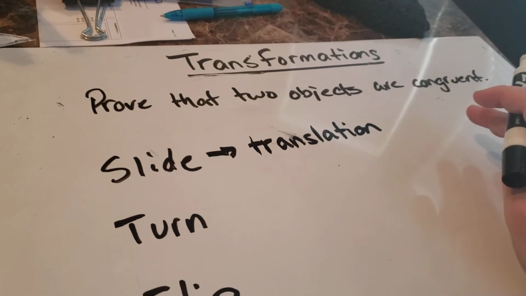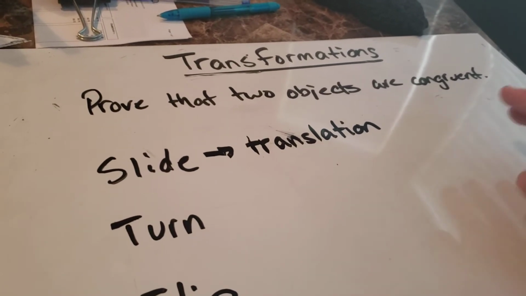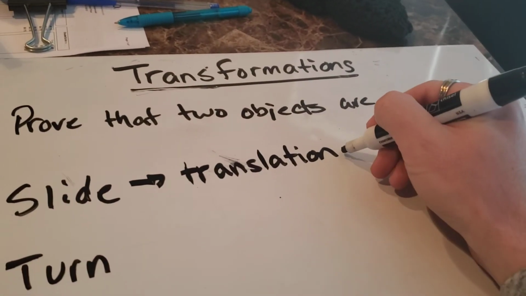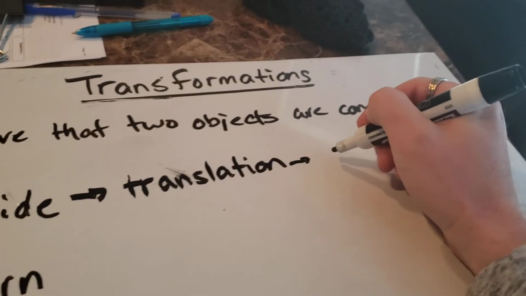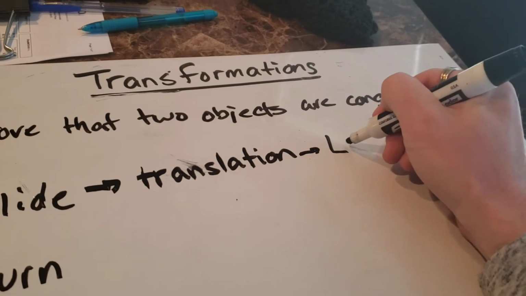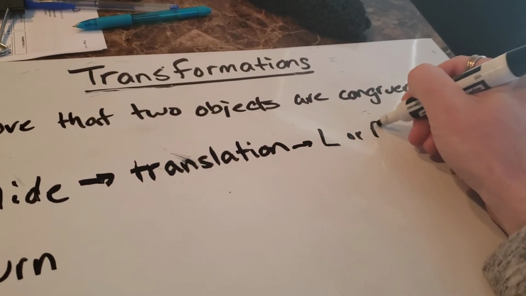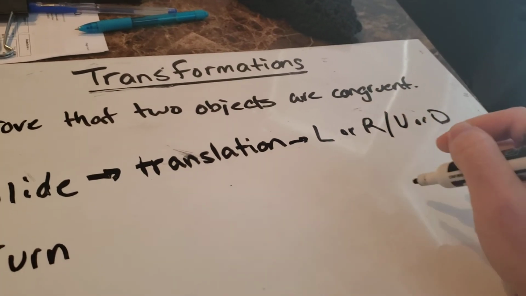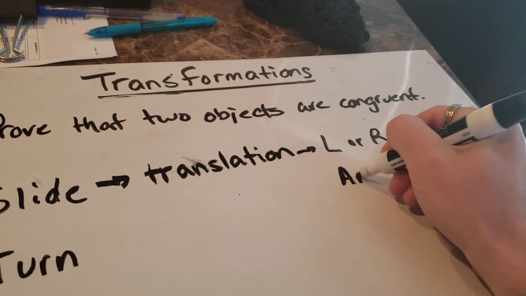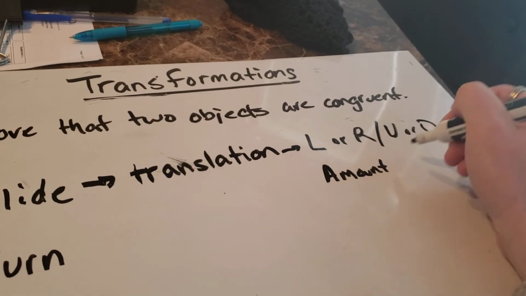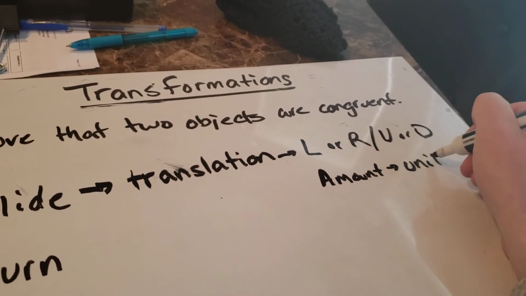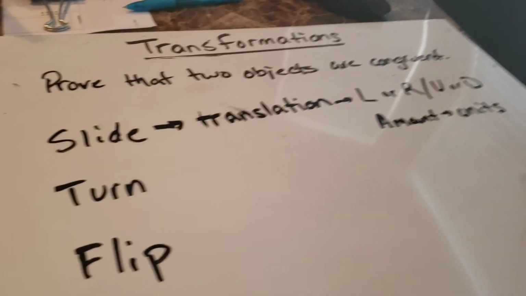Or the transcontinental railroad goes across continents, right? So slide is a translation. With that, we typically describe left or right, up or down, and then we typically use an amount. A lot of the times we're doing these transformations on graphs, so we might use units on a coordinate grid to describe the amount.